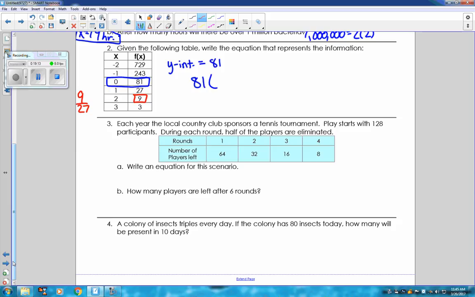So what is 9 divided by 27? 0.3. But what is that as a fraction? 1/3. So 1/3 is b.